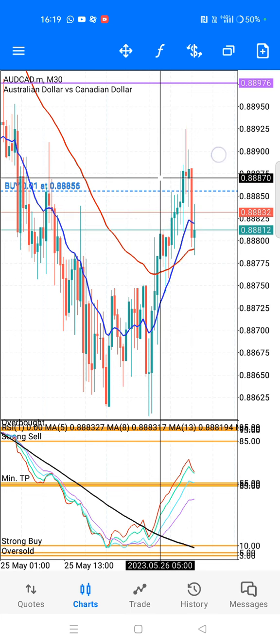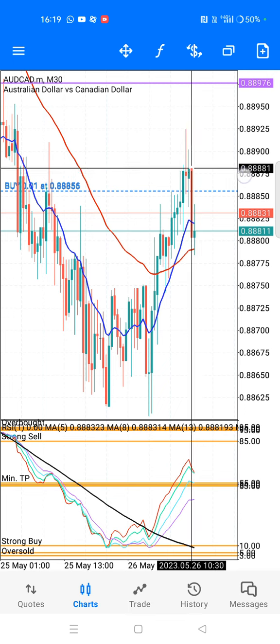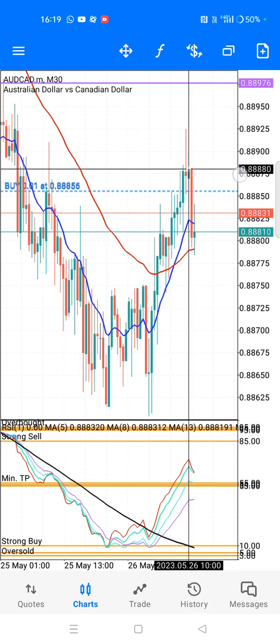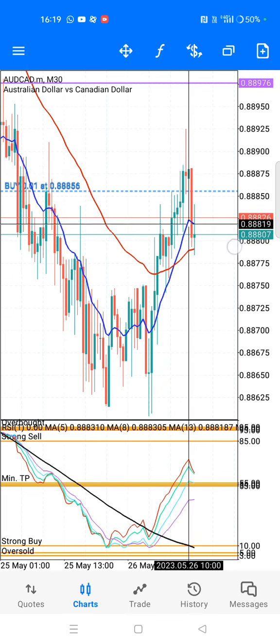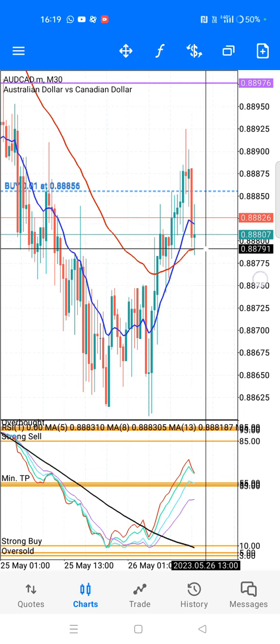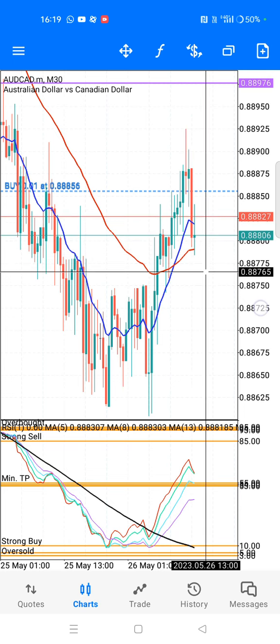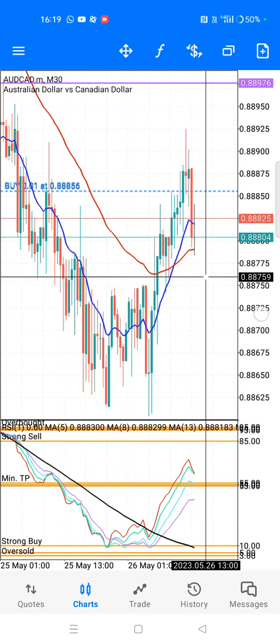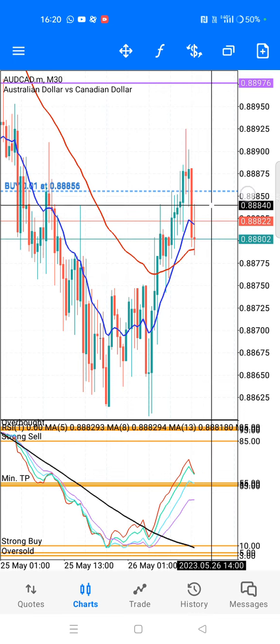Now it has become a bearish engulfing. It has eaten up more than 3 candlesticks. I'm sure this one is going down a bit until here. I suspect at 0.88759 it will reject, maybe, and then it will pump up again.